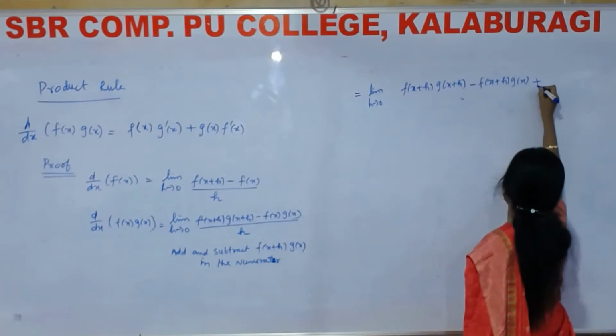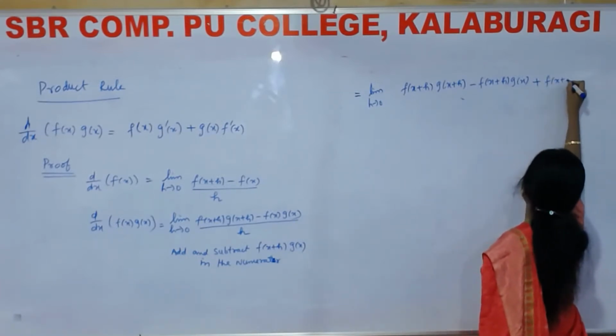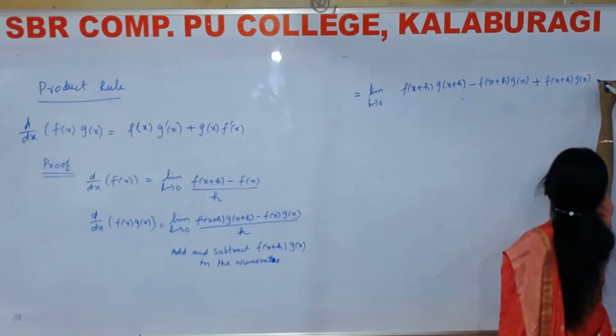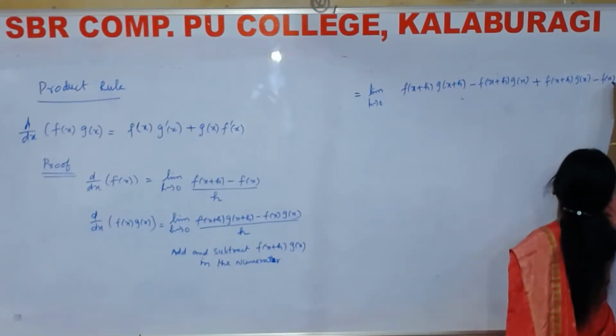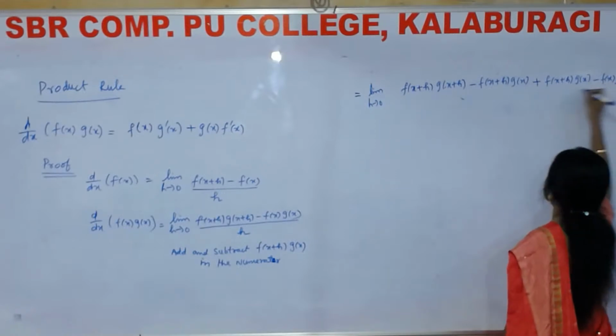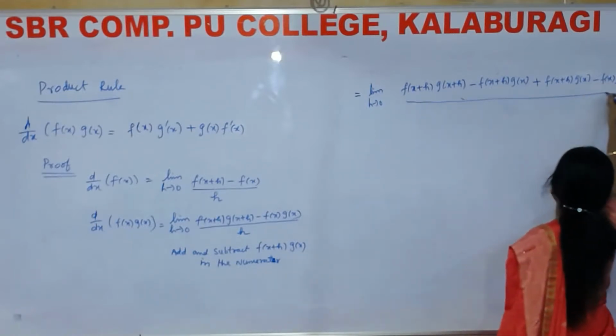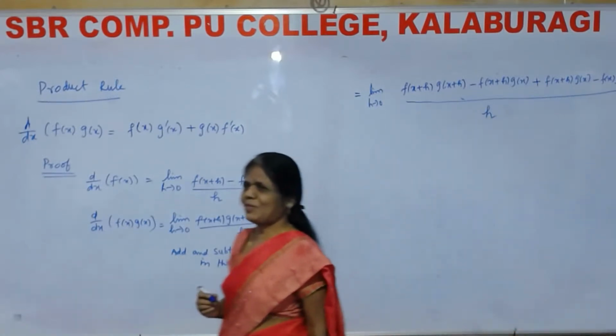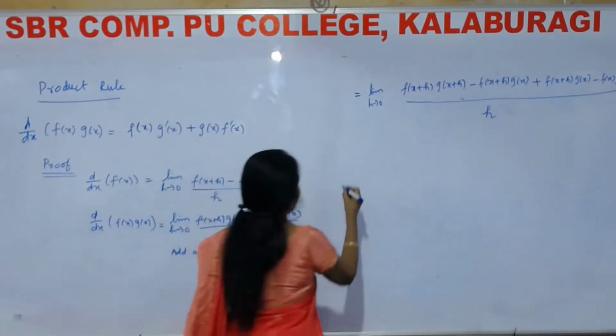Next I am going to add f of x plus h into g of x. And the last term is minus f of x into g of x. Whole thing divided by h.